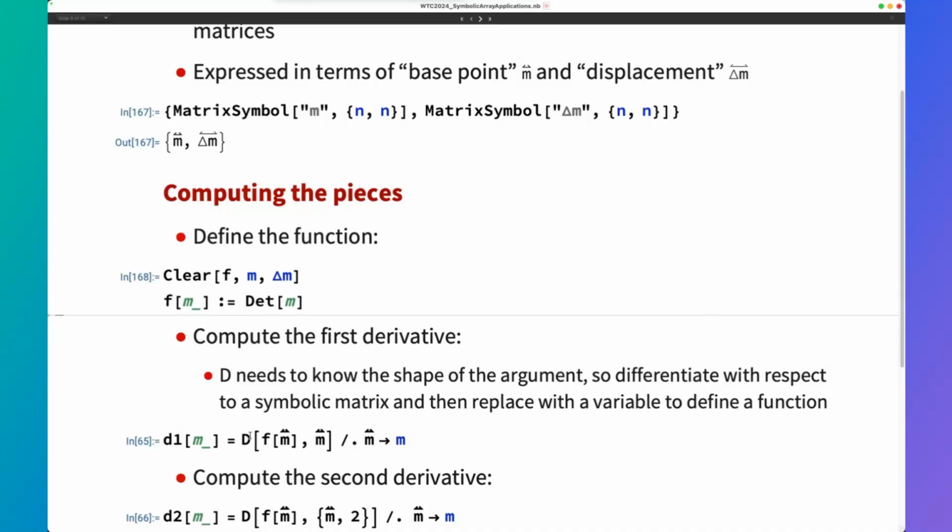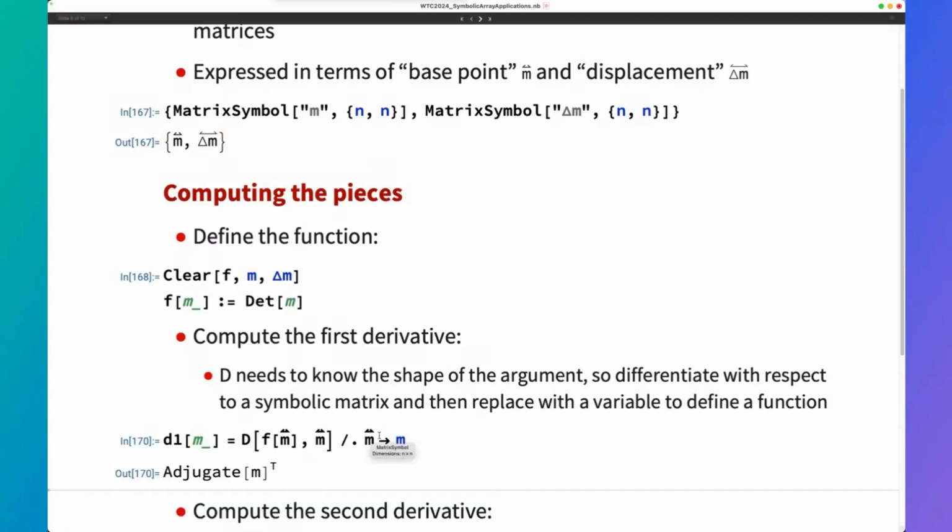So you need to compute this expression using an array, a matrix variable. So I have here the m from up here that I copied and pasted into here to get the correct shape. And then I replace that matrix symbol with just the normal symbol m. Why do I do this replacement back to m?